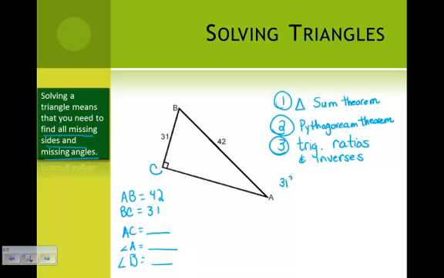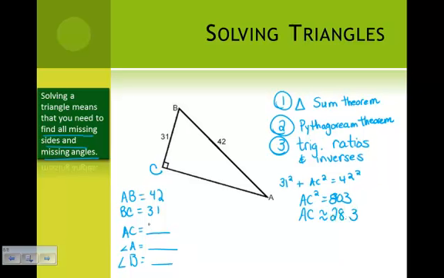We've got 31 squared plus AC squared equals 42 squared. So 42 squared minus 31 squared, that gives me AC squared equals 803. I'm going to take the square root of both sides. And I know that AC is approximately 28.3.